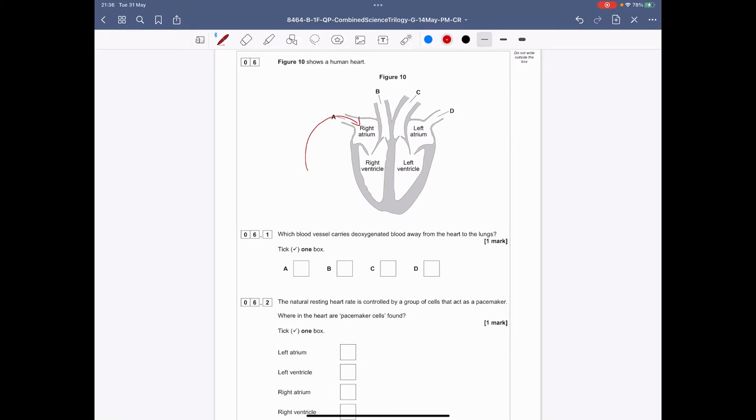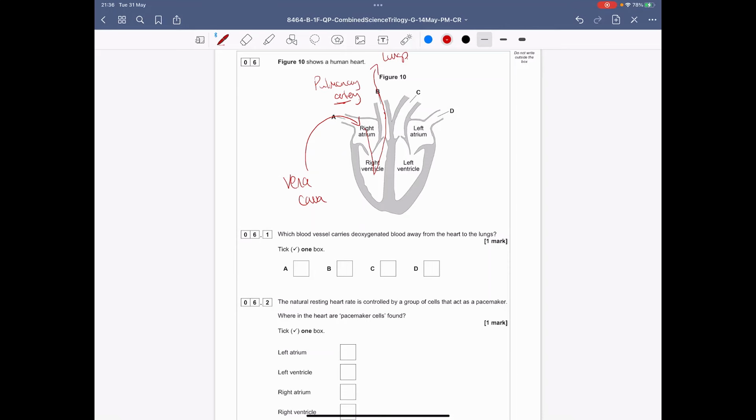Blood enters the right atrium from the vena cava, which is your main vein, bringing blood back towards the heart. It then goes through the right atrium and right ventricle. It then needs to go off to the lungs to collect oxygen, and B, the blood vessel, is the pulmonary artery, because arteries always carry blood away from the heart.